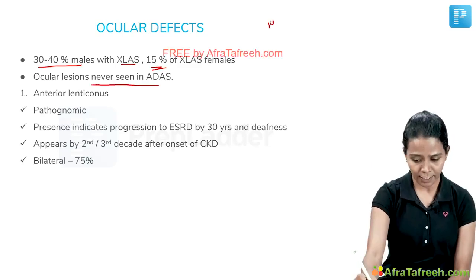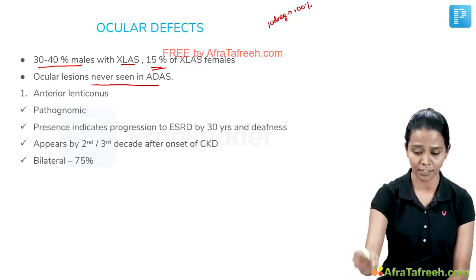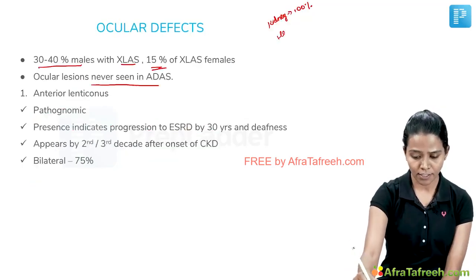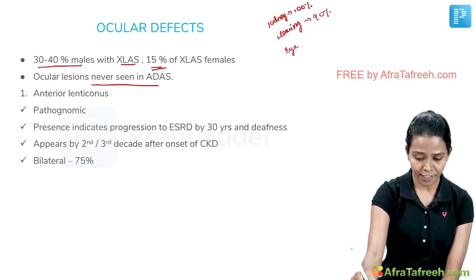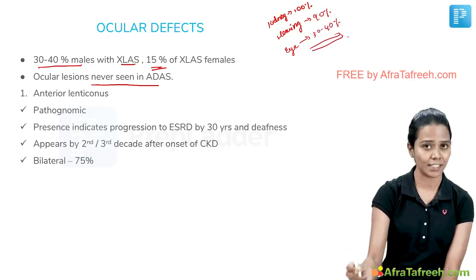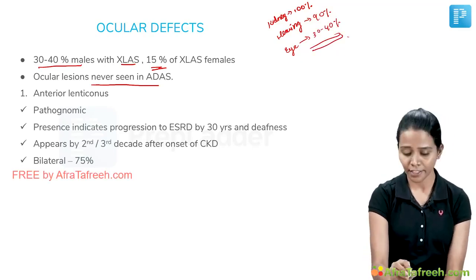Kidney lesion is seen in almost 100% of patients, I am talking only about males with X-linked Alport syndrome, hearing loss in around 90%, and eye defects in around 30 to 40%. So eye defects are significantly fewer.